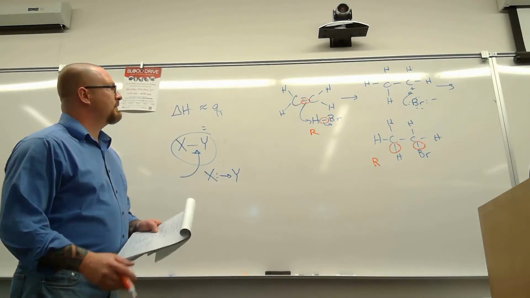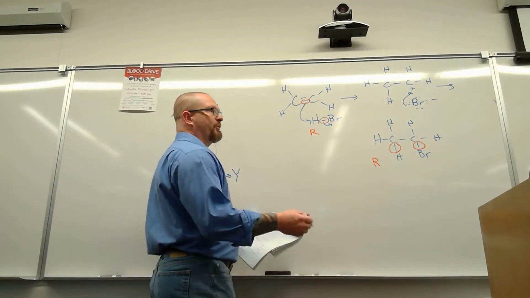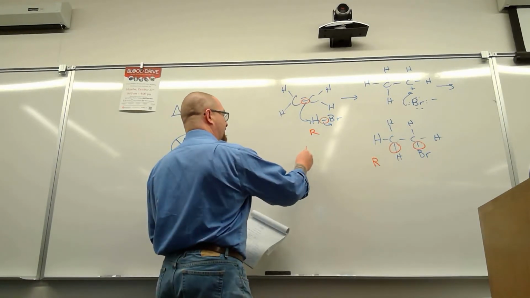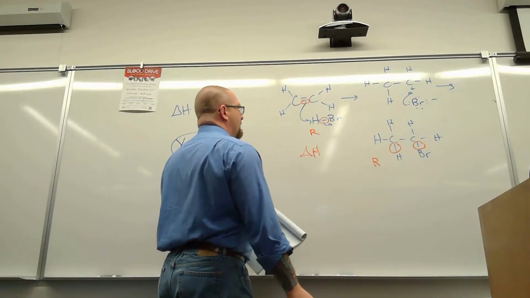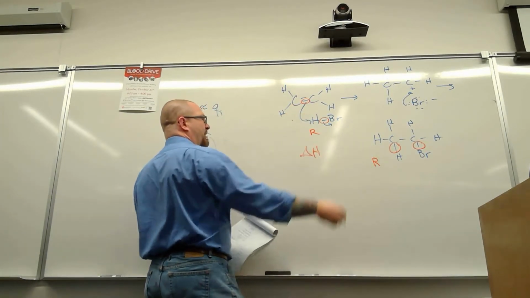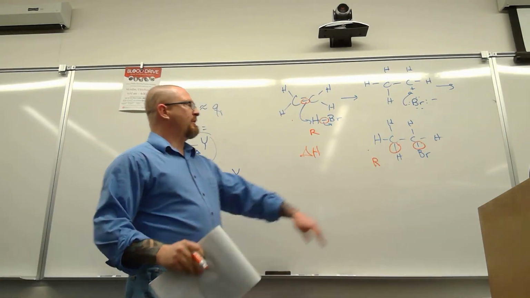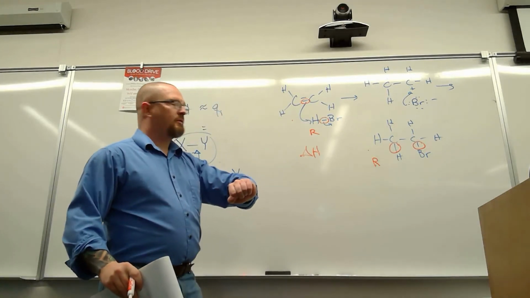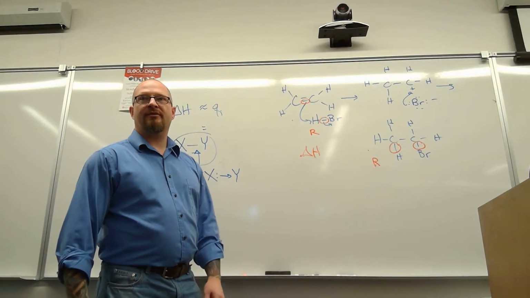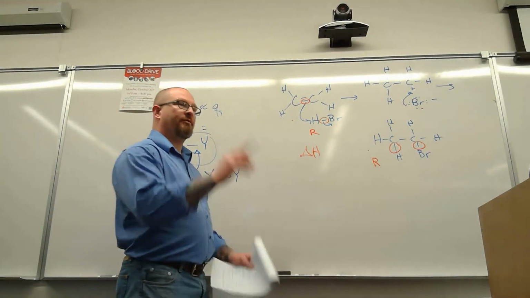So whether or not this reaction is thermodynamically favorable in terms of enthalpy, change in enthalpy, is more heat required to break these bonds than is released by forming these bonds? Or conversely, is more heat released by forming these bonds than is required to break those bonds? Which would make it favorable in terms of going towards products.